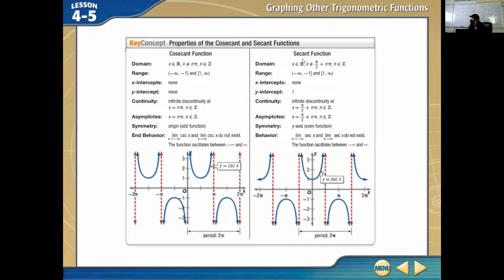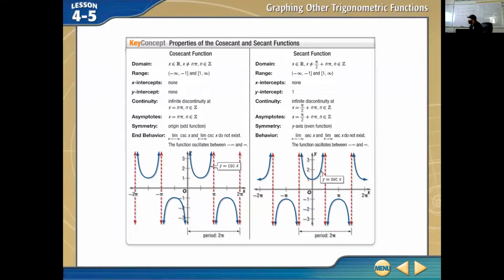So if we're looking at the secant function here, which is the reciprocal of cosine, see the range once again is cut off. It doesn't have anything between -1 and 1. It's all outside of it. There are no x-intercepts. There's one y-intercept, and that's at 1, unless it's been expanded amplitude-wise.